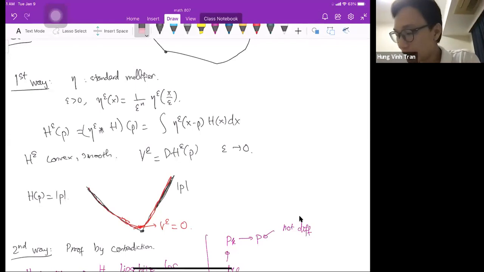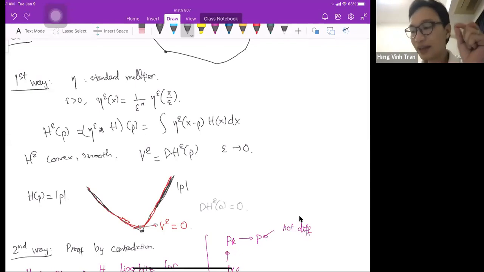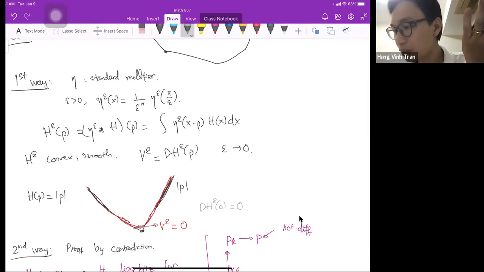This is exactly the picture that I drew here. At this point, it's going to make things round, and then dH epsilon is 0. So if you select V epsilon to be dH epsilon, which is 0, and you let epsilon go to 0, you only select one point in the subgradient, which is 0, right?